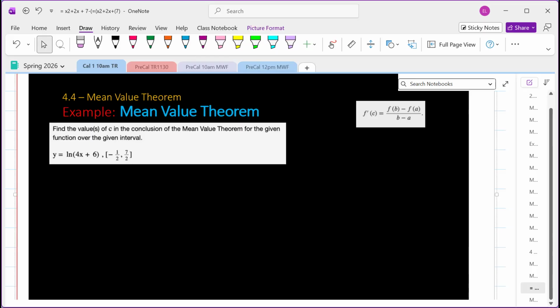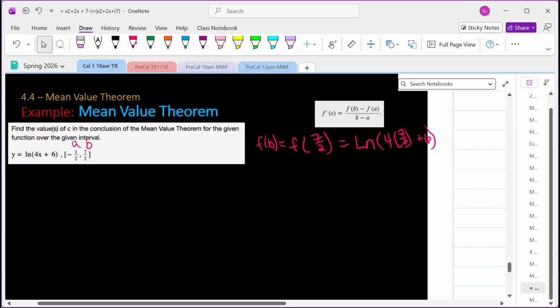So first things first, we're going to do our f of b and f of a. So this gives us the natural log of 4 times 7/2 plus 6. So this gives us the natural log of 20.